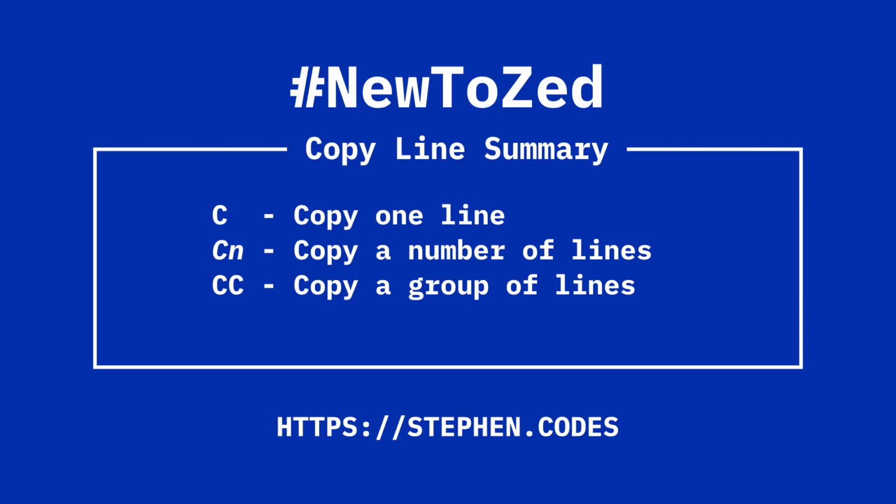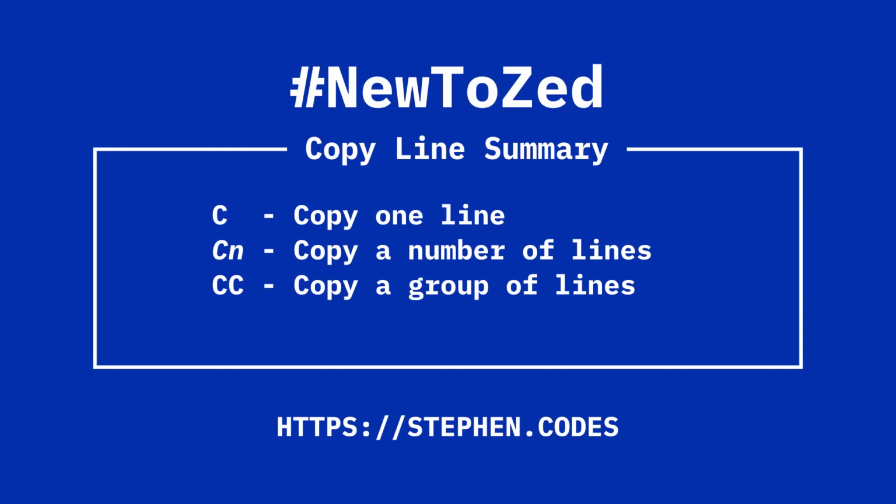So in this video, we've gone over 3 ways that we can copy lines of code. The first is using a singular C, that's Charlie for copy, and then we can use C followed by a number to copy a specific amount of lines, which is one way of doing it. And then we found a better way of doing it using the block line command.